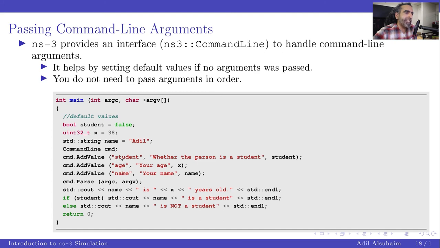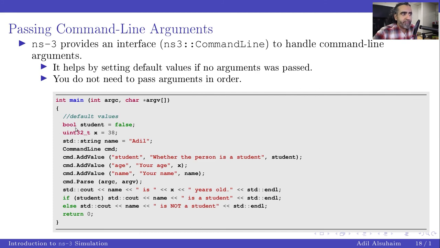So I can do --student --age --name, right? So student has a default value of false. X, which is the age, has a default value of 38. And the name has a default value of Adil, that's my name. And then cmd.parse argc argv. You need to do command line cmd as the first lines, only default values precede that.